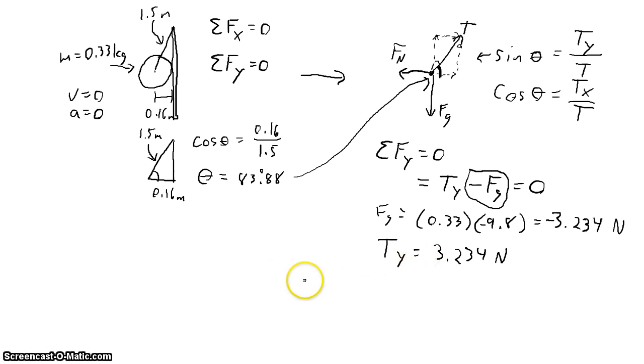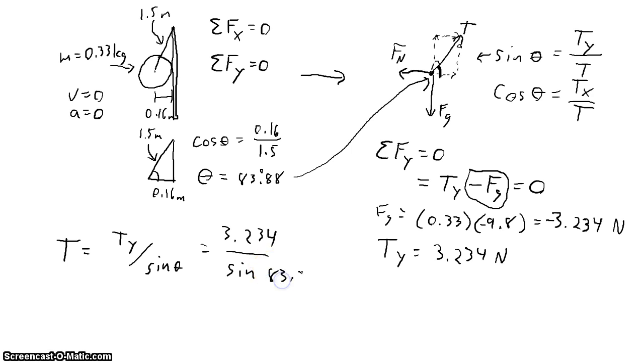So now we can solve for the full tension force using the sine relationship up above. In other words, the full tension force is equal to the vertical component of the tension divided by the sine of the angle. That would be 3.234 newtons divided by the sine of 83.88 degrees.